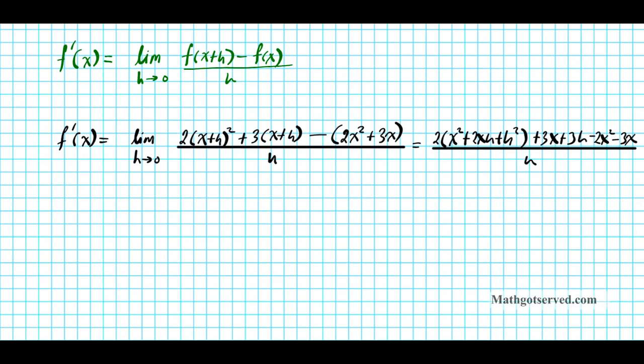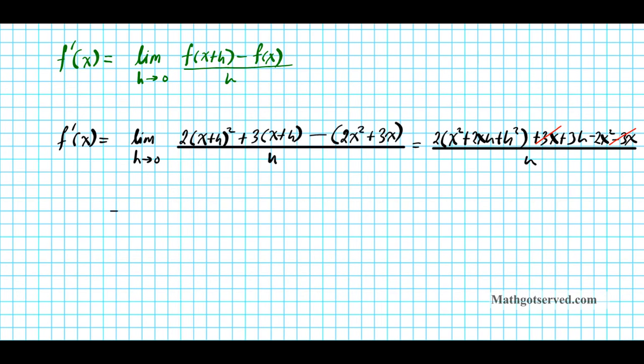Okay, so let's see what we can do here. We can distribute this 2 to all these terms here. Also, if you note the 3x and the 3x, these cancel out right there. And then let's go ahead and distribute the 2 to everything.